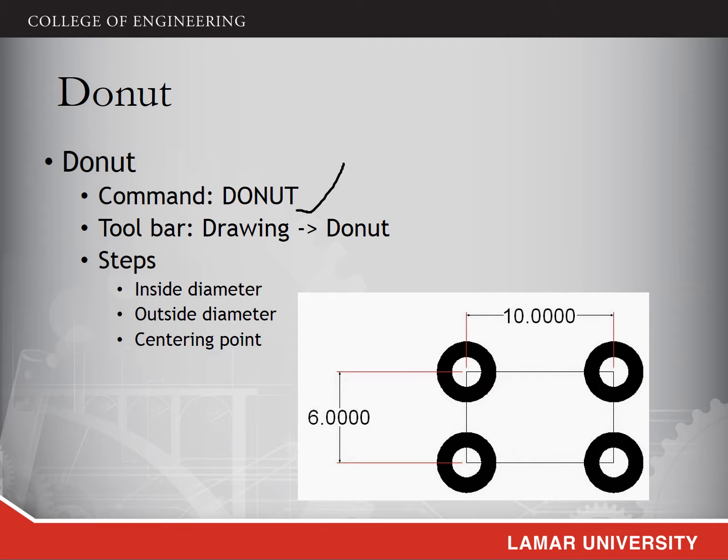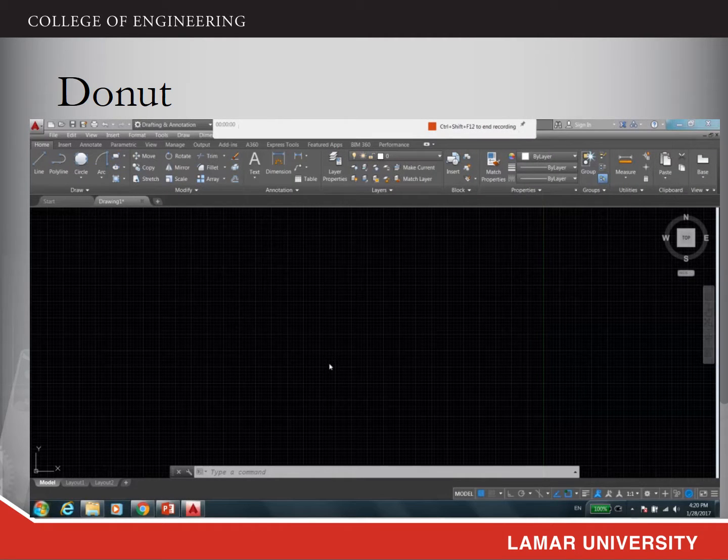Next, I'm going to show you how to define a donut in AutoCAD. To generate a donut in AutoCAD, you can go to the toolbar and select the donut icon, or you can just type the donut command in the command window directly.